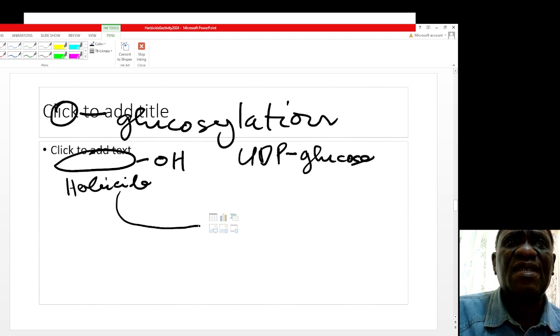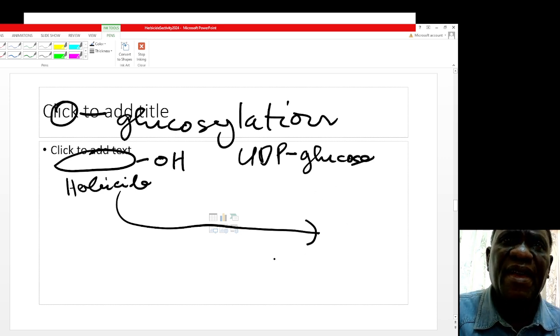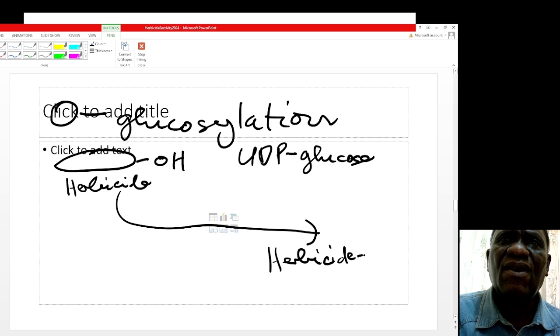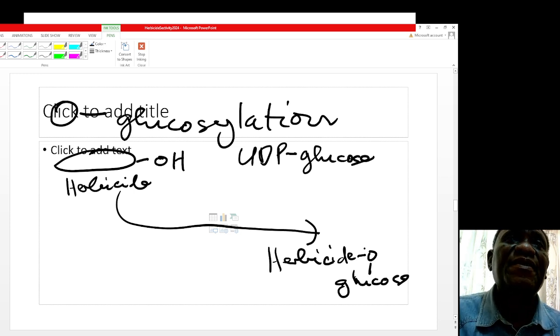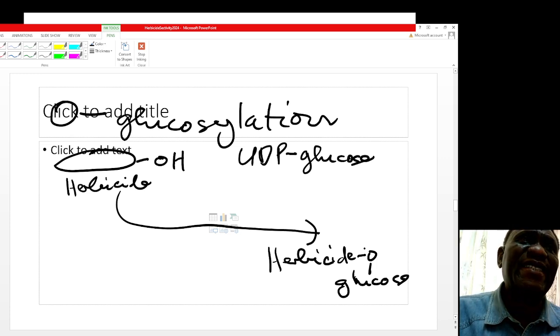So this one we get herbicide O-glucose. Right? So what is basically going to happen, UDP glucose will donate the glucose.